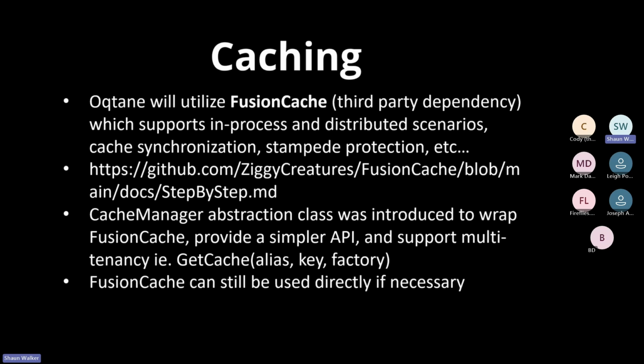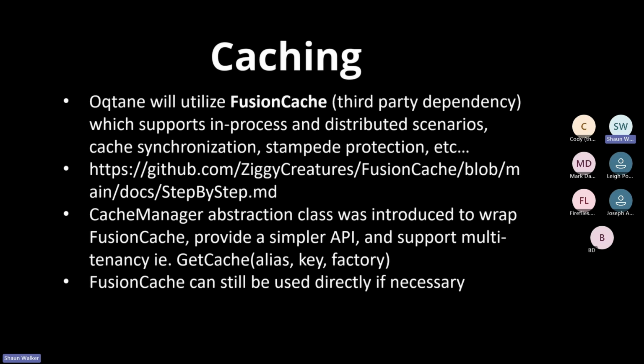There's a lot of really good documentation that the maintainer of the project has created. And so if you're interested in learning more about it, I would encourage you to go check it out. A lot of great diagrams and good simple explanations about different scenarios that you have to pay attention to when it comes to caching.